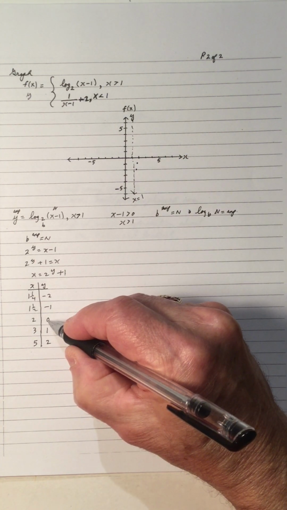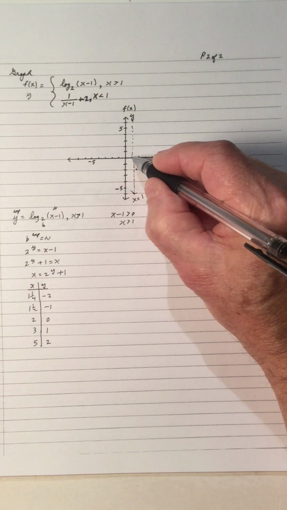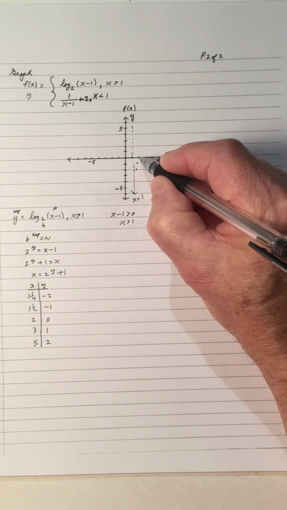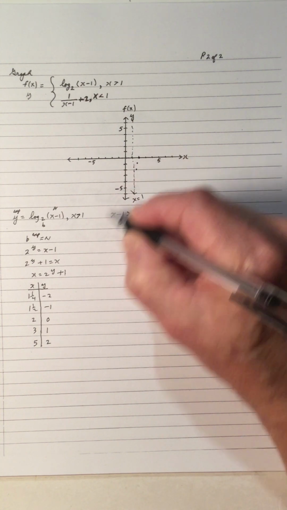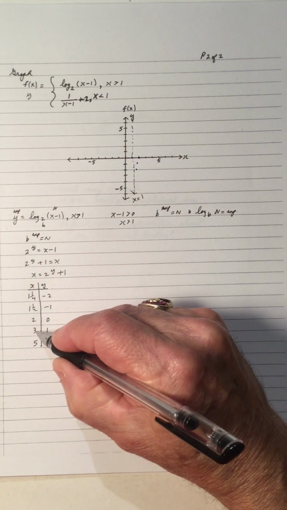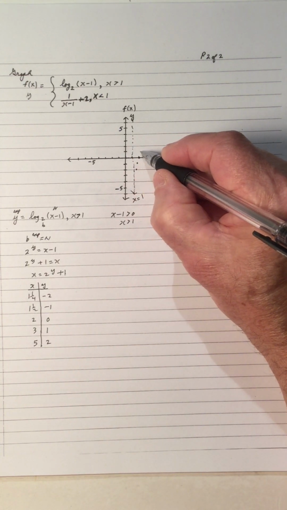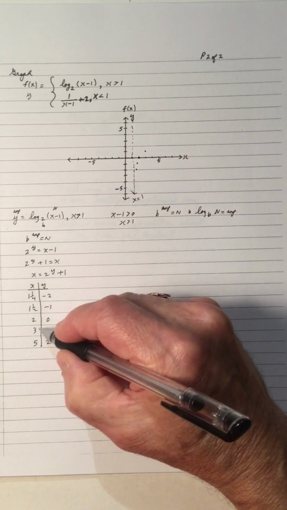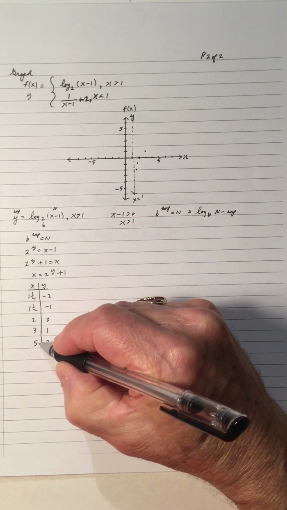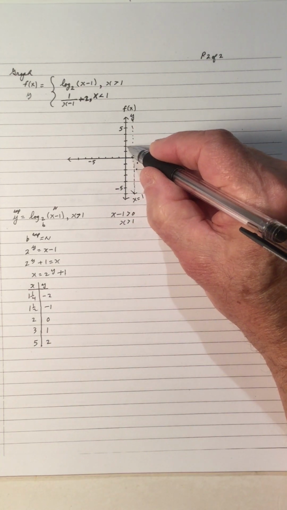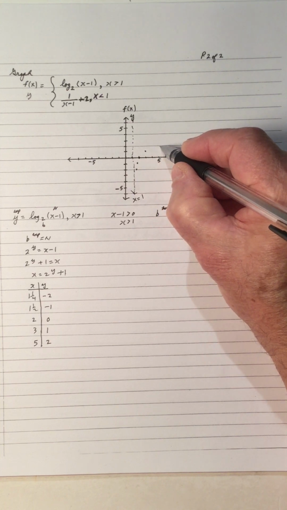When y is 0, x is 2, so that's right there. When y is 1, x is 3. And when y is 2, x is 5.